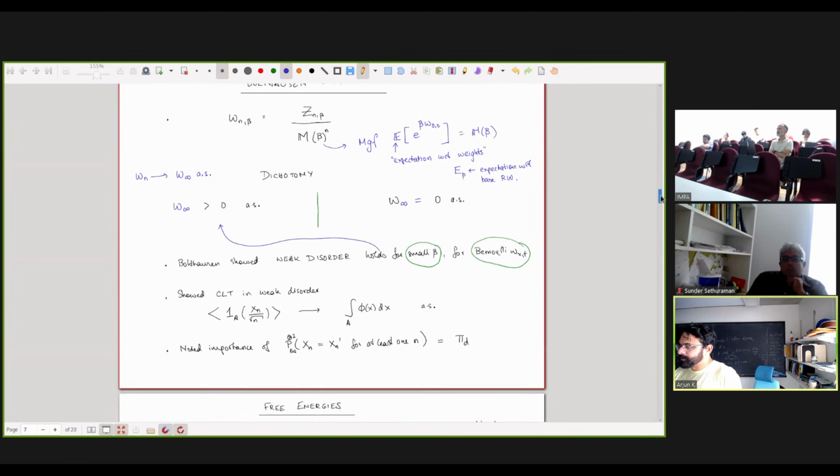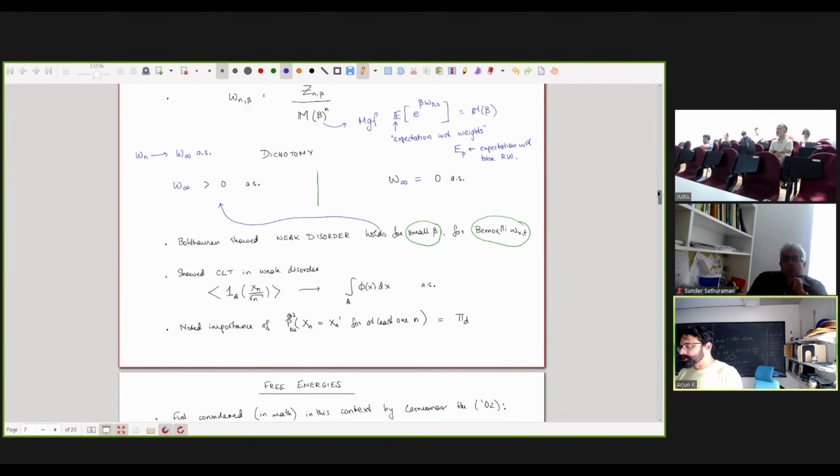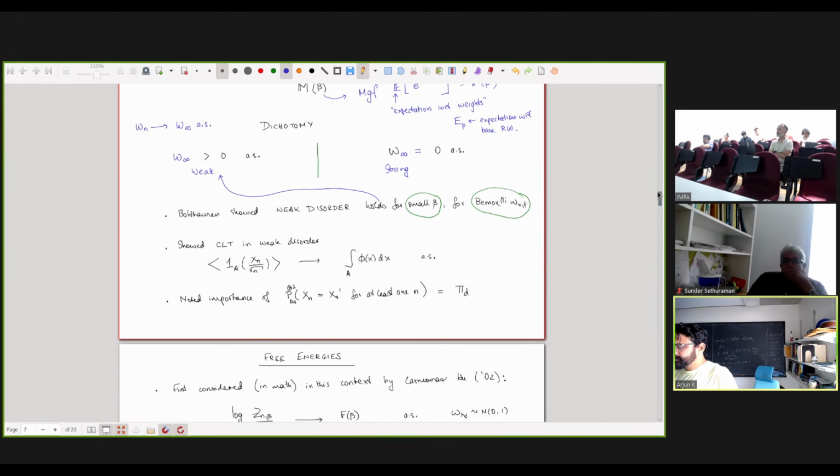It's a brilliant seminal paper. And he also showed importantly that a central limit theorem holds when this weak disorder holds. All of his theorems are about the weak disorder region. So he showed a CLT in weak disorder.